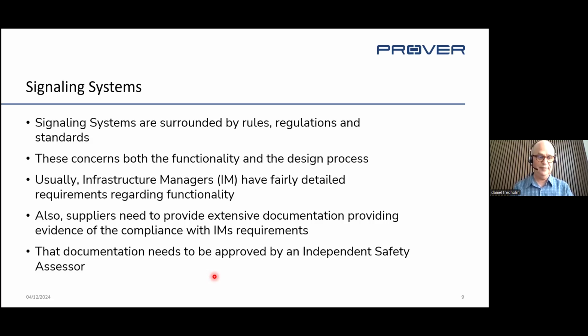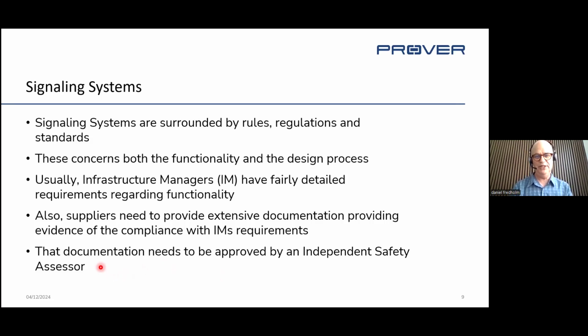And it is legal, but you do have to show that you have actually verified that whatever requirements the infrastructure manager has, your signaling system is complying with them.